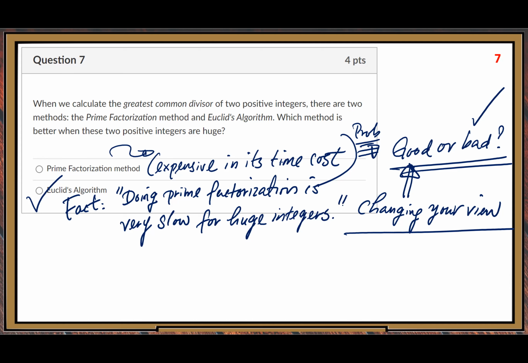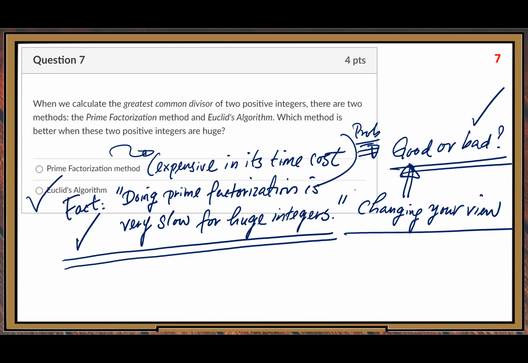Everybody knows this fact. But the question is, can we make this fact a very useful property for real world applications?